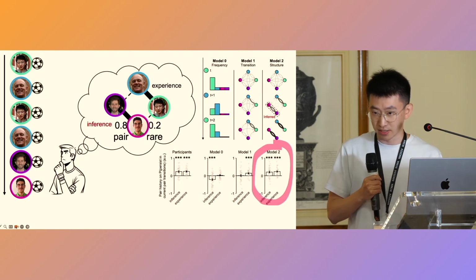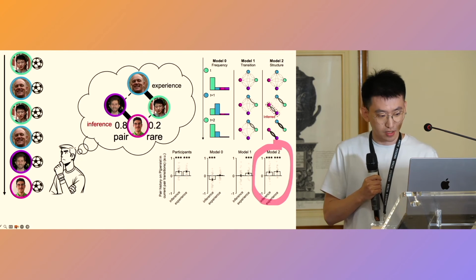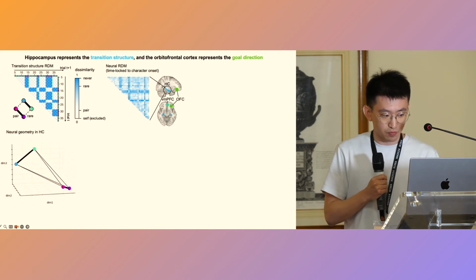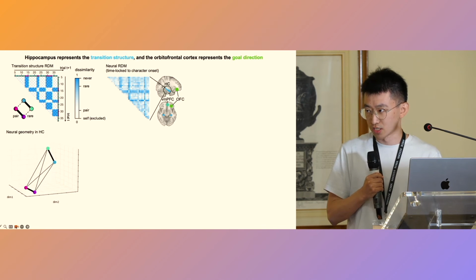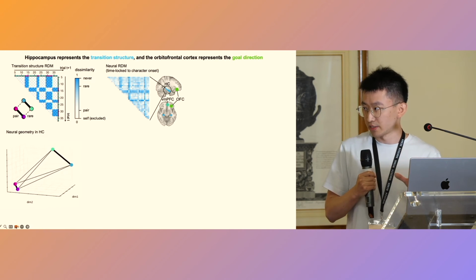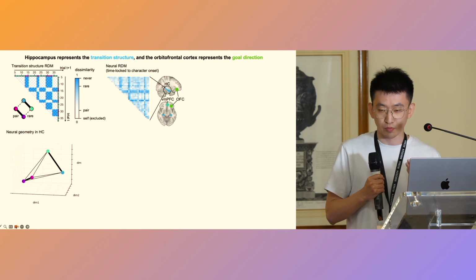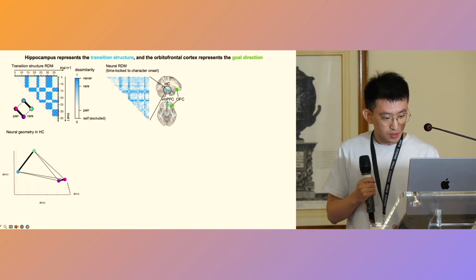So the question next is where this structure knowledge is represented. We find that in hippocampus, we can find this very beautiful neural geometry representing the transition structure. The characters, the players that are linked together, having a higher transition probability, are also closer in neural space.